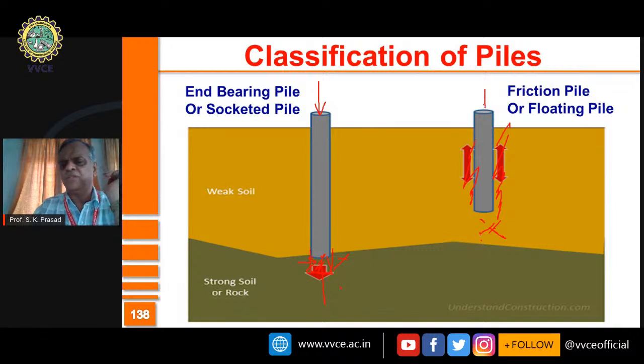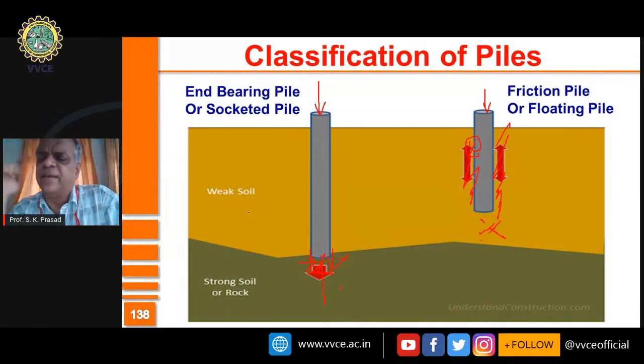So the load is taken because of the friction that exists between the soil and the pile here. Therefore, the area of the pile exposed to the soil will play an important role, and the permissible stress which it can take. So such piles are called friction piles.